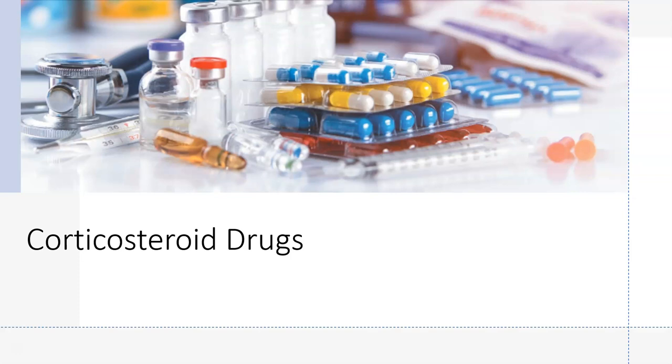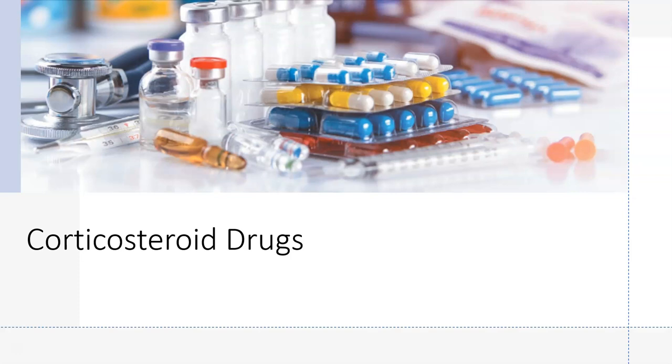So we've talked about corticosteroid drugs previously when we talked about inflammation and also in the endocrine system. But corticosteroid drugs are derived from the anti-inflammatory hormone cortisol, which is produced in the adrenal gland. Corticosteroid drugs are given to cancer patients in order to decrease the tissue inflammation caused by the chemotherapy drugs, but they also act directly to suppress production of excess white blood cells, the leukocytes, in patients who have leukemia or lymphoma.